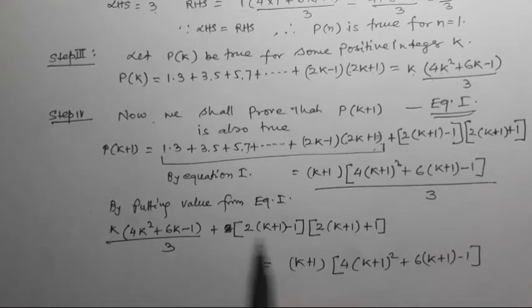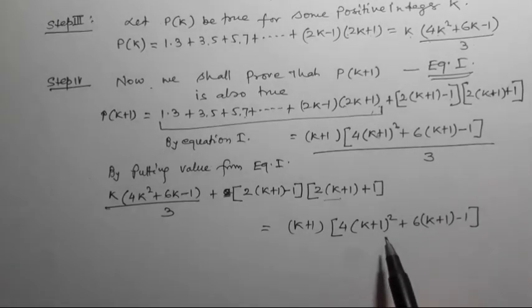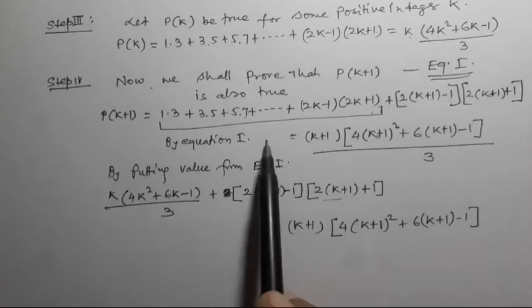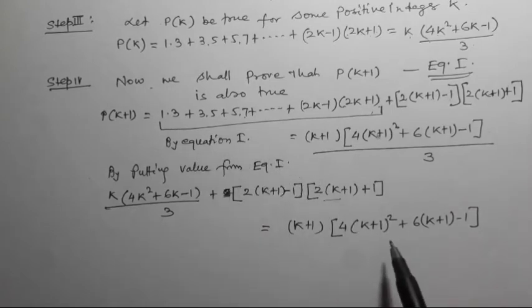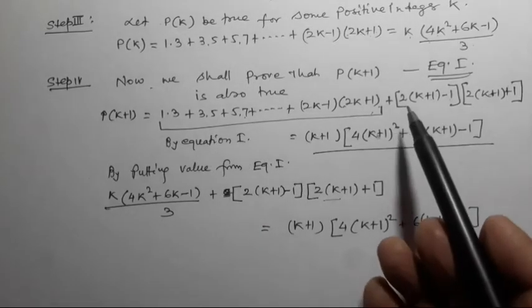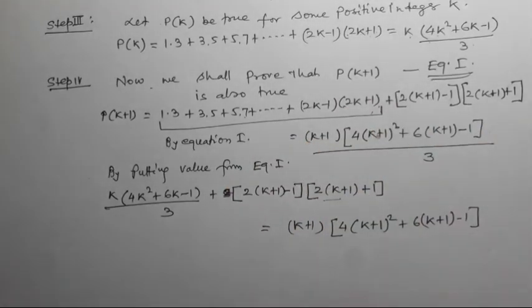Okay, so this is LHS and this is RHS. If we prove this, it means P of k plus 1 is also true, and P of k is already true, right?